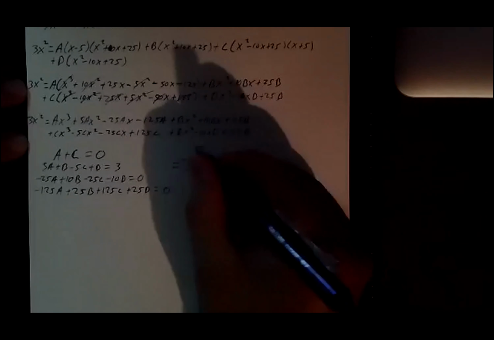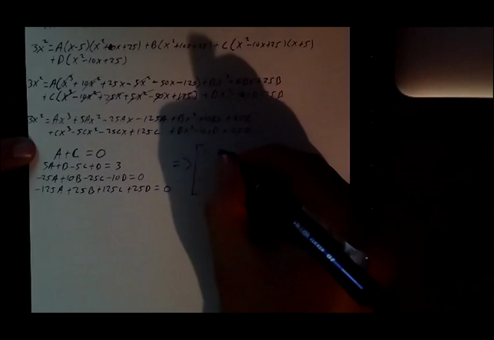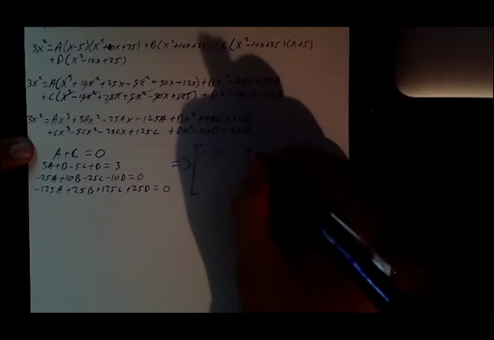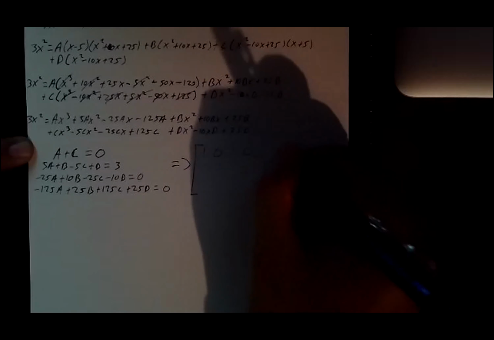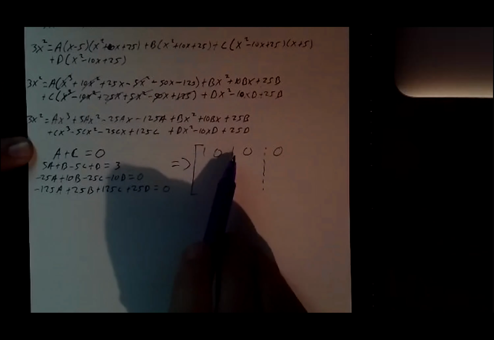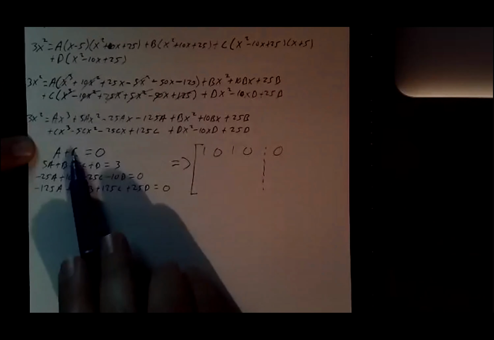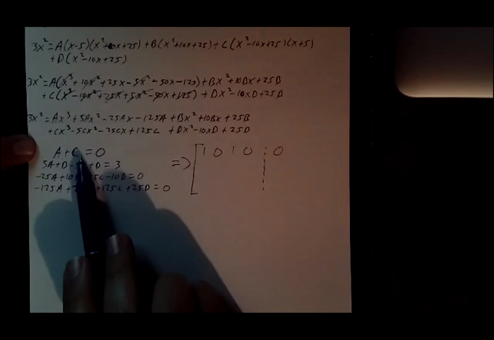So, as a matrix, if I didn't make any errors, this would be 1, 0, 1, 0, 0. So there's one A and one C. There are no B's or D's in equation 1, right?